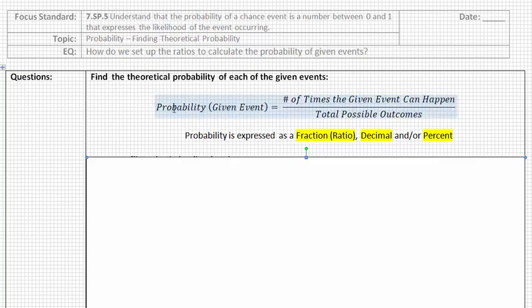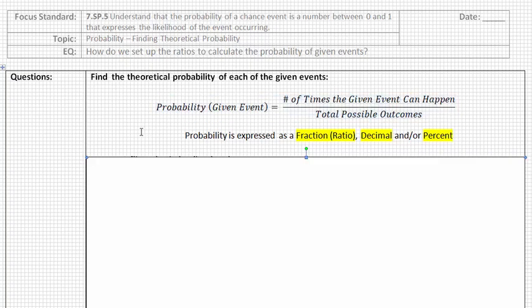Sometimes as you get into algebra, we just write P. So we say the probability, and then in parentheses we put the given event that we're talking about, like a coin toss or the sports team we're talking about. And then we set up a fraction. In the numerator, we put the number of times the given event can happen. And in the denominator, we put the total possible outcomes.